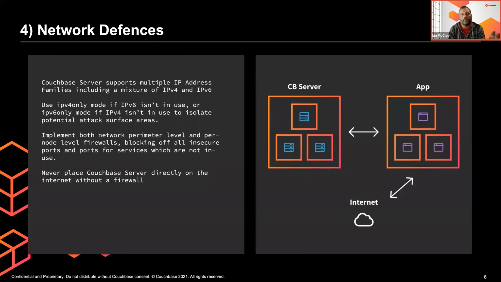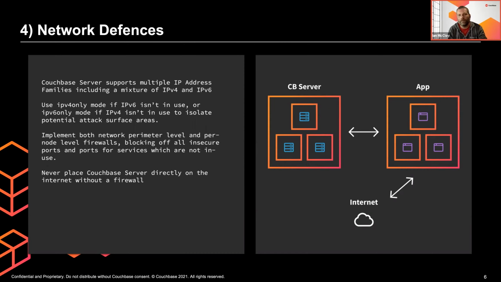Couchbase Server supports both IPv4 and IPv6 address families, but maybe in your cluster you're only using IPv4. You can implement a configuration setting that only allows IPv4 connections. That means you don't need to worry about building in firewall rules or restrictions around IPv6 connections.